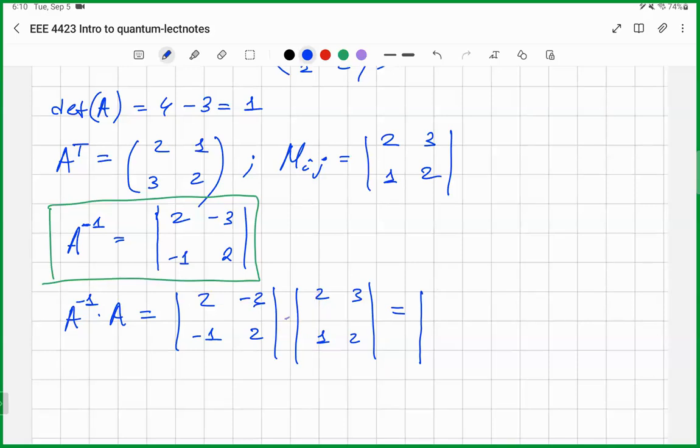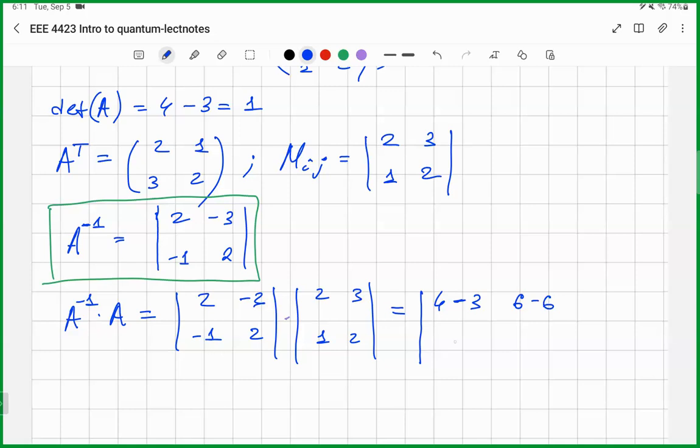So for the first element, first row, first column, we get 2 times 2 is 4, then minus 3 times 1 is minus 3. For the second element, 2 times 3 is 6, then minus 6.